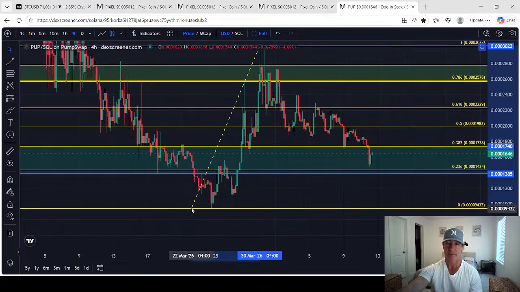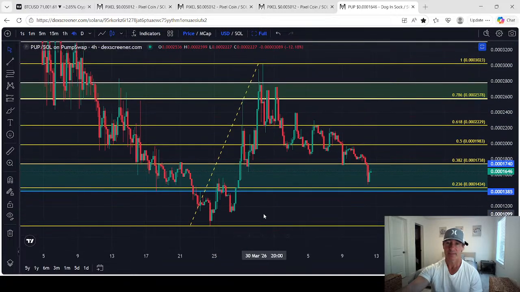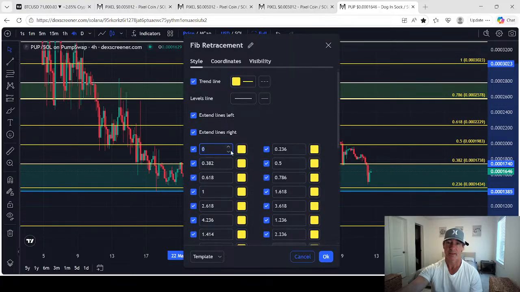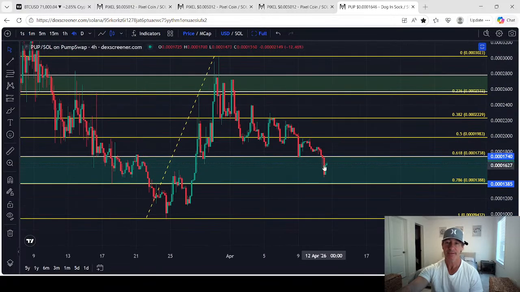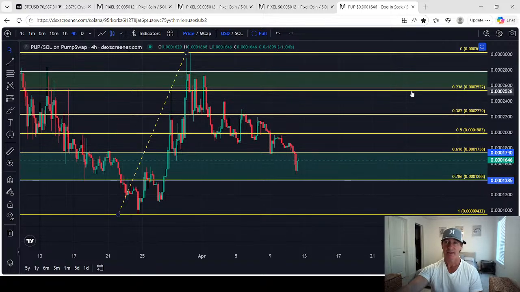We go from the top down to the bottom, and reverse the fib. And you can see, let's find support in the 0.618, 0.0001738, and 786 at 0.0001388. So that is holding right now.